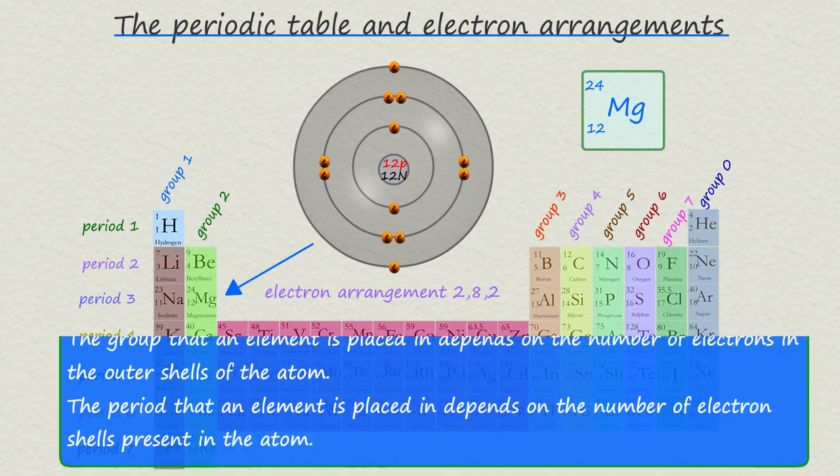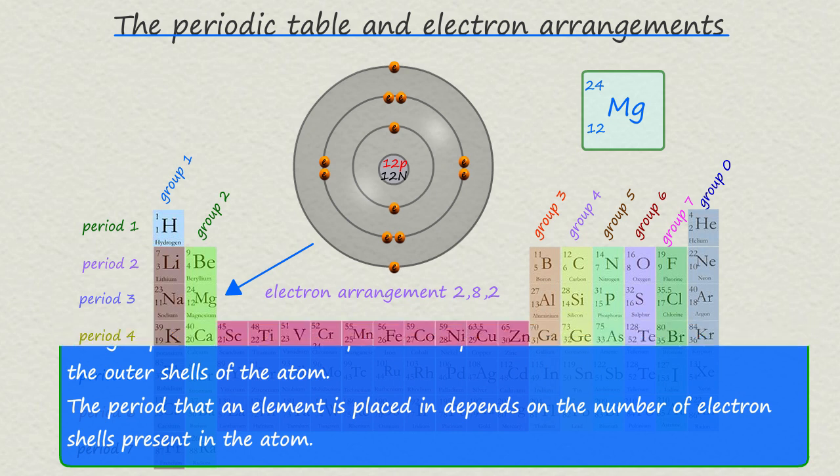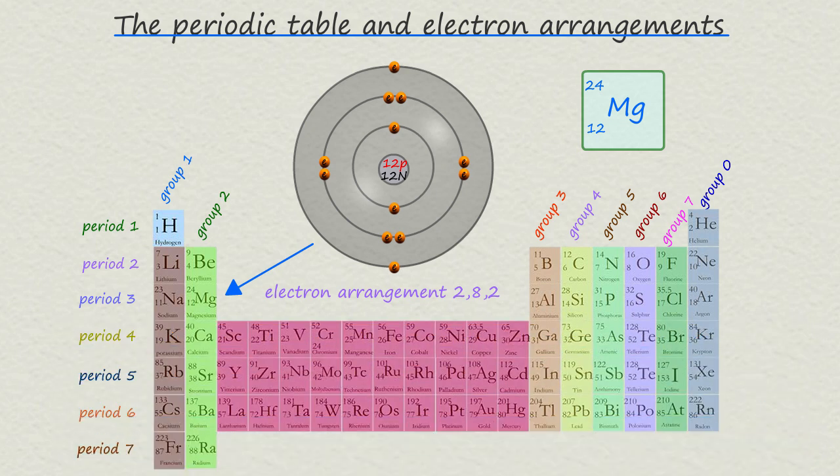The group that an element is placed in the periodic table corresponds to the number of electrons in its outer or valency shell, and the period an element is placed in depends on the number of electron shells present in the atom. So in the case of magnesium, it has 2 electrons in its last shell, so it will be in group 2, and it has 3 electron shells, and hence it is found in group 2 and period 3 of the periodic table.